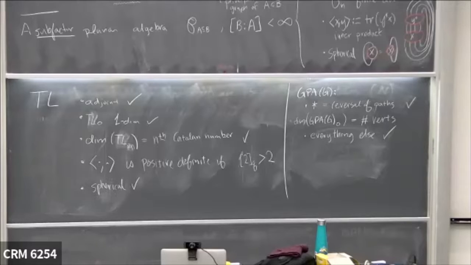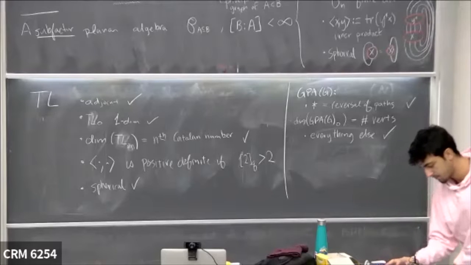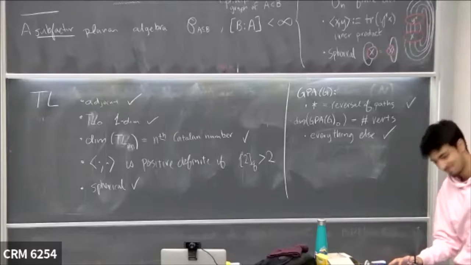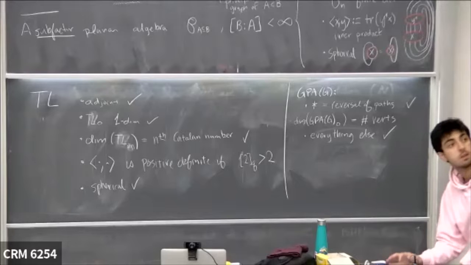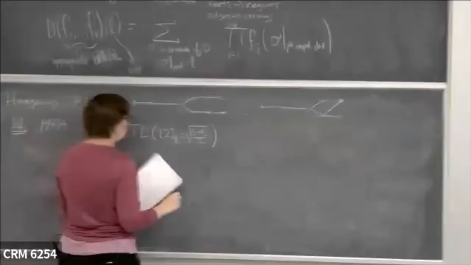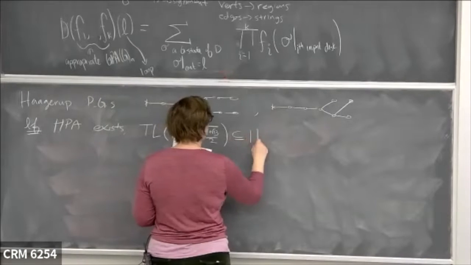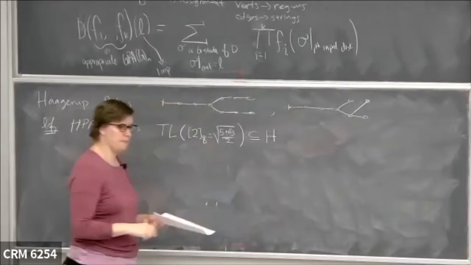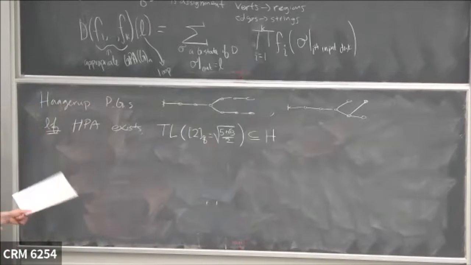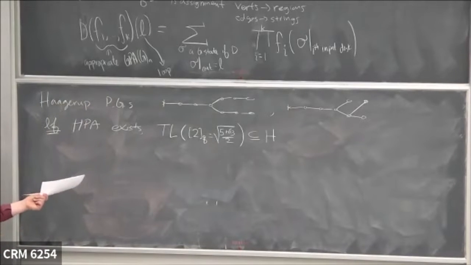Okay, so if the Haagerup planar algebra exists, then Temperley-Lieb at the particular value of q that makes quantum 2 into (root 5 plus root 13) over 2 is embedded in this planar algebra. Okay, this is Temperley-Lieb exists inside any subfactor planar algebra.